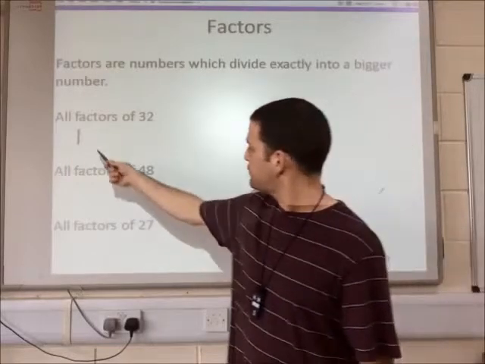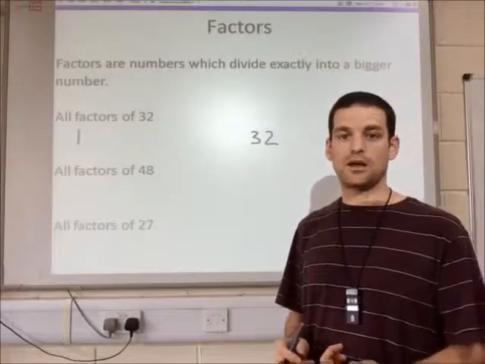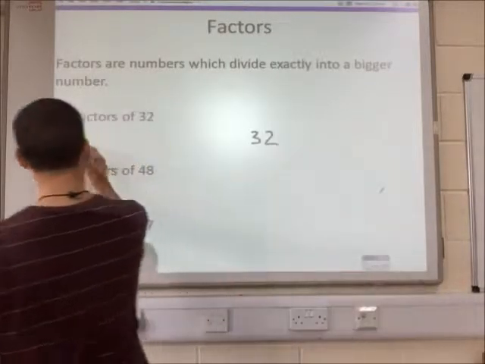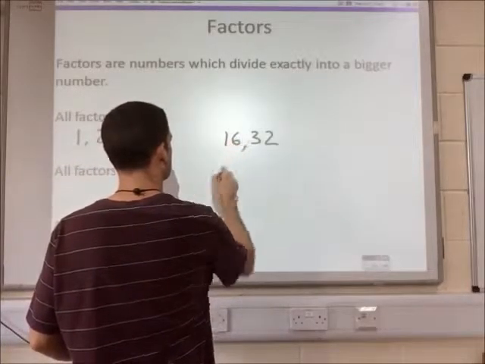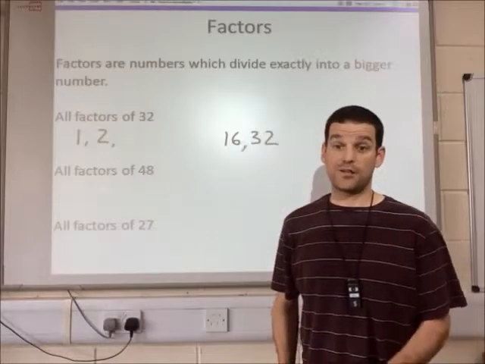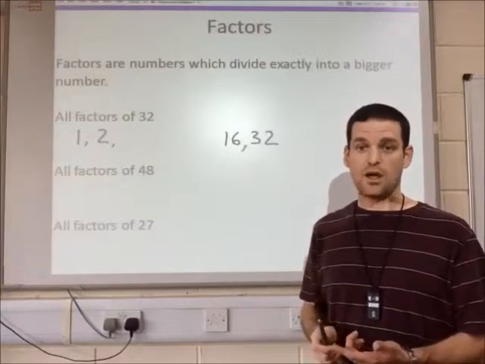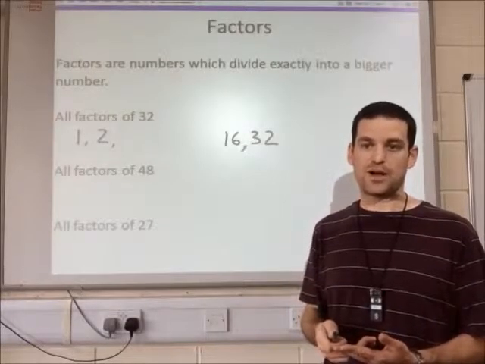Then I want to find another smaller factor. I know that 32 is an even number, and I can work out that 32 is 2 times 16. And this is why the factors go in pairs. If I know that 2 times 16 is 32, I get two factors there at the same time. 2 and 16 must both be factors.